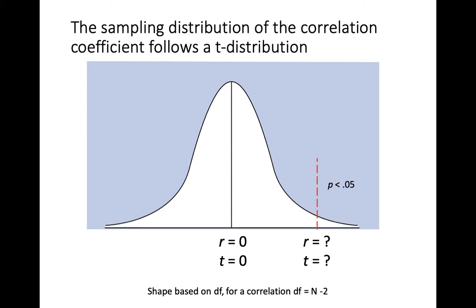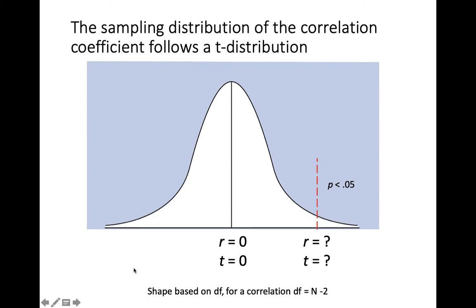The smaller the sample size, and therefore the smaller the degrees of freedom, our t-distributions are wider with thicker tails. Okay, so it just represents what is more versus less likely in terms of a sampling process.